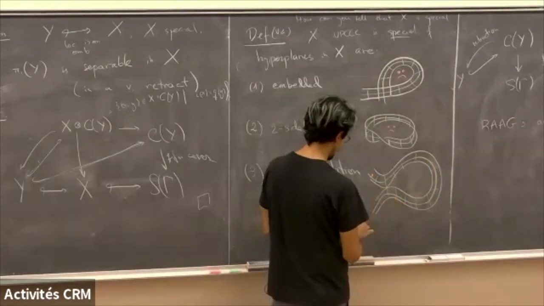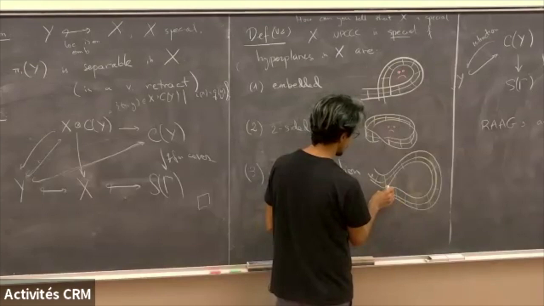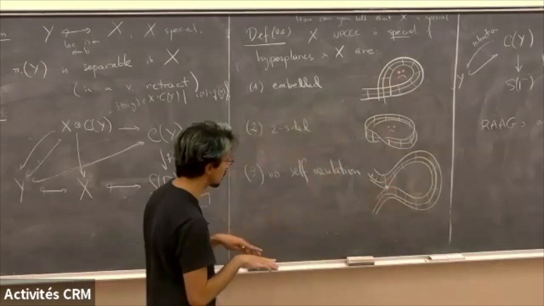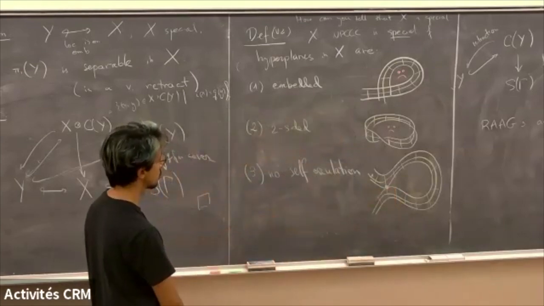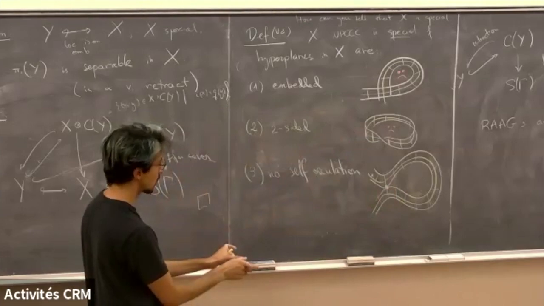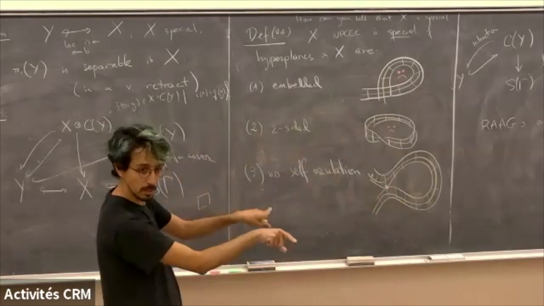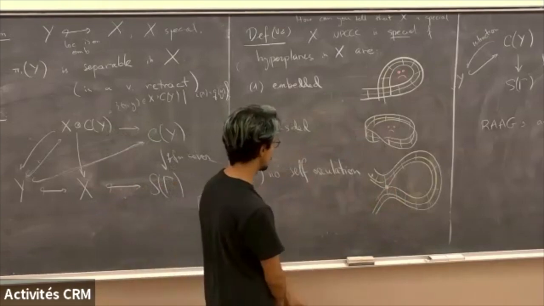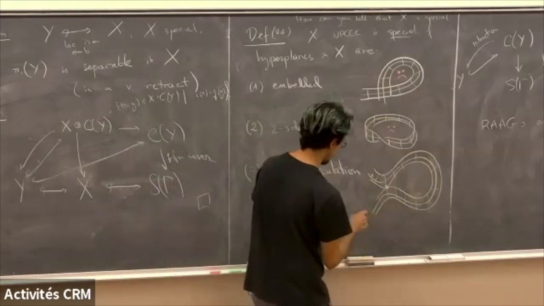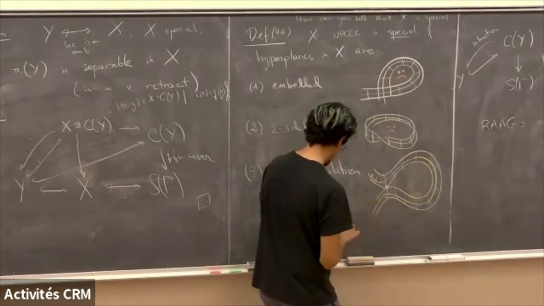What I don't want to see is a vertex such that the hyperplane passes through two incident edges, getting the opposite side.